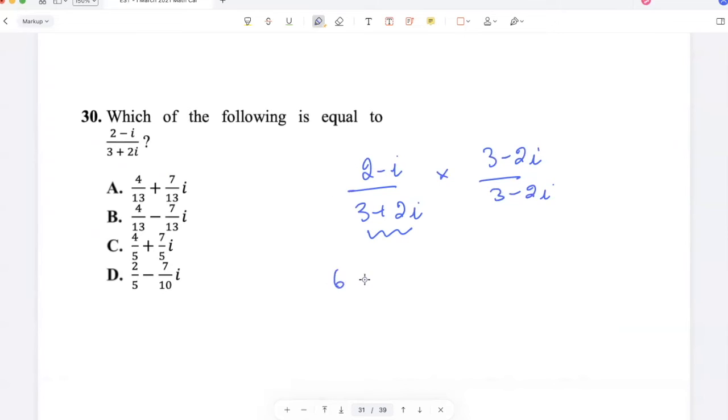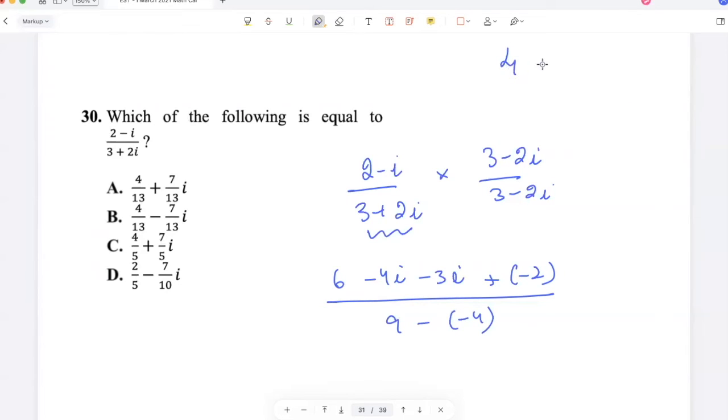So 2 into 3, 6 minus 4i minus 3i plus 2i squared, so that's negative 2, and 9 minus 4i squared, so that's negative 4. Okay, so 6 minus 2 is 4 minus 7i divided by 13. So 4 by 13 minus 7 by 13 i, option B.